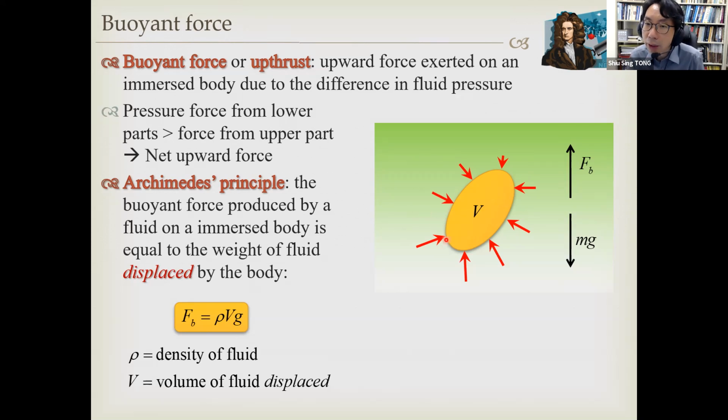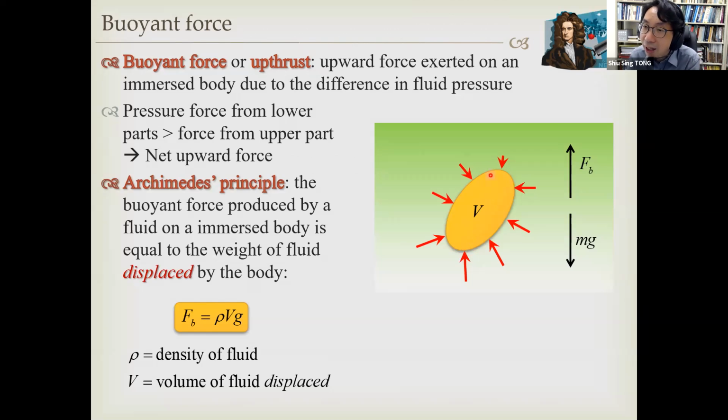Now, how does it come about? Suppose this is an object of volume V, immersed in, say, water. The base of the object is at a larger depth from the liquid surface. Since it's deeper, the pressure force exerted on the lower part will be larger.